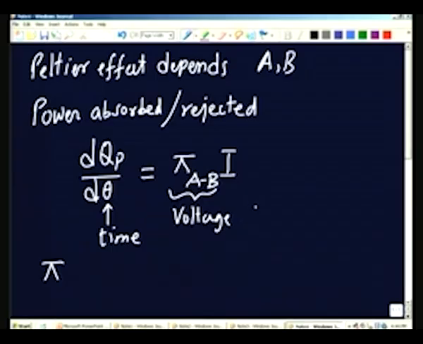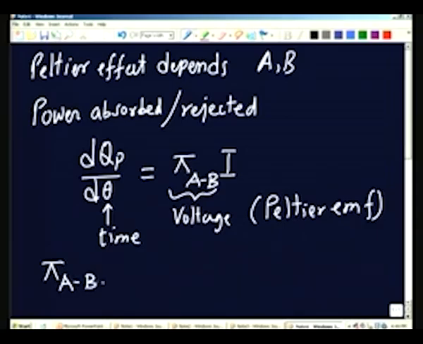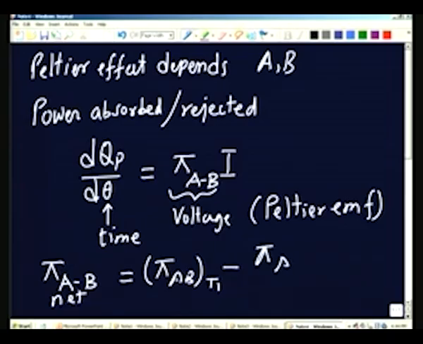So, this is called the Peltier voltage or Peltier EMF, and therefore, I can say that the net Peltier EMF must be equal to pi AB at the junction at temperature T1 minus pi AB at junction T2.